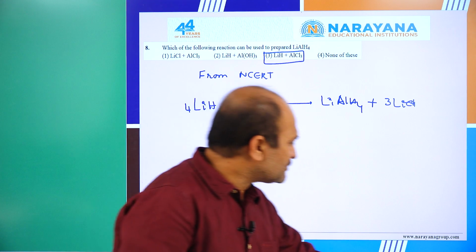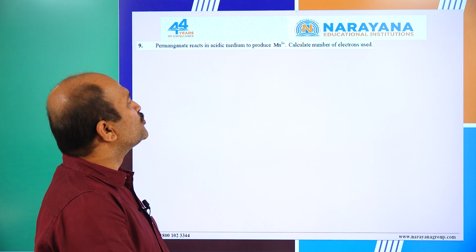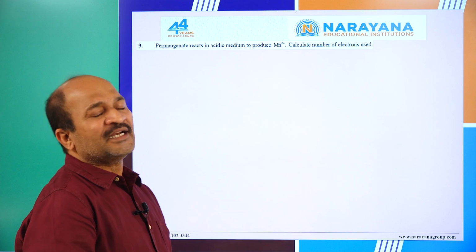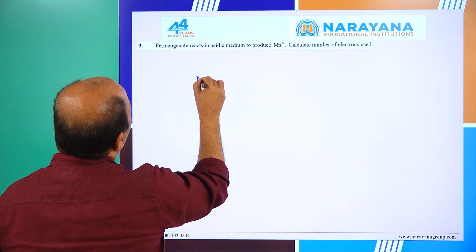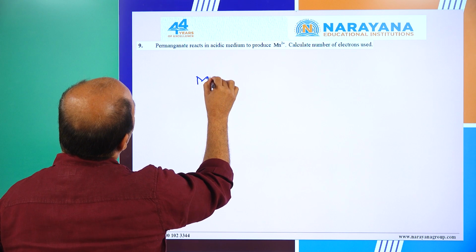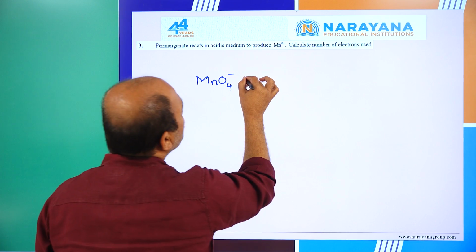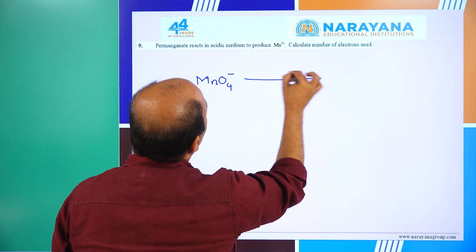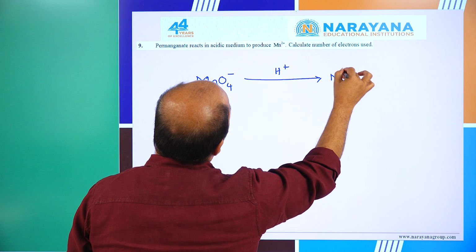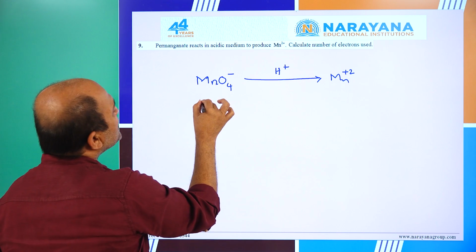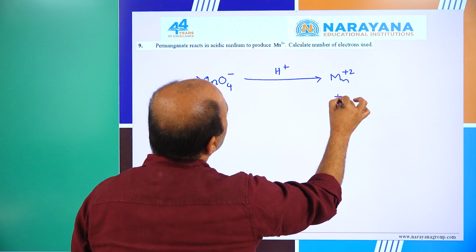Go for the next question. Permanganate reacts in acidic medium to produce Mn+2. Calculate the number of electrons used. It is also a direct question from NCERT and it is a little bit concept and memory based. In acidic medium, MnO4 minus changes to Mn+2. Here the oxidation number for manganese is +7, and here the oxidation number is +2.